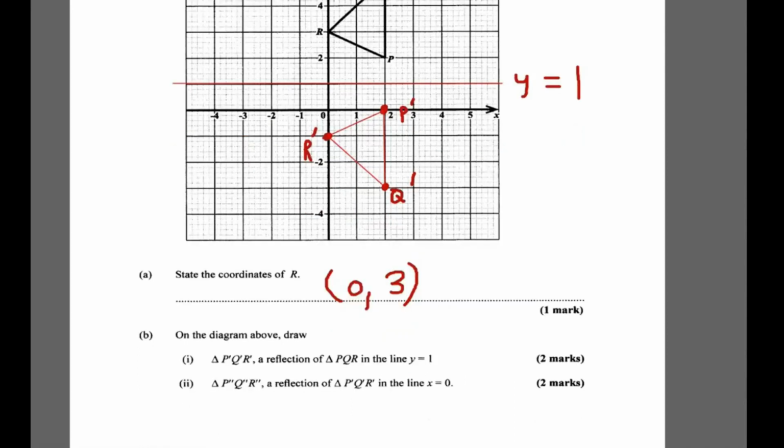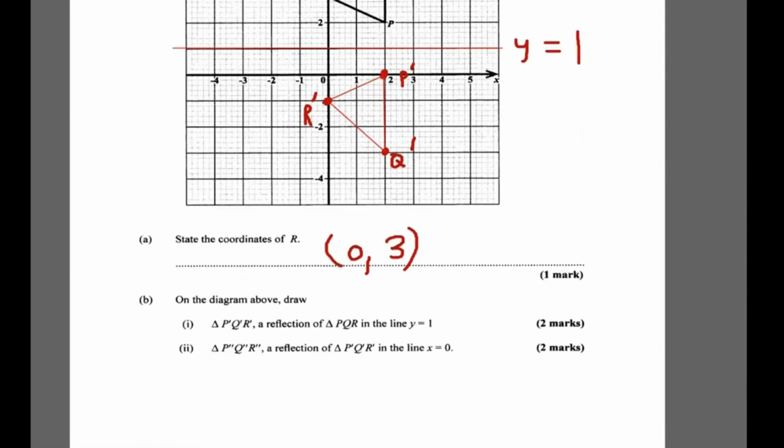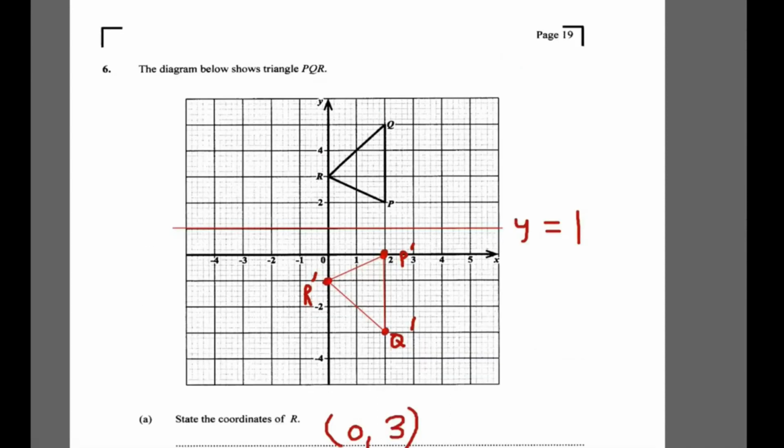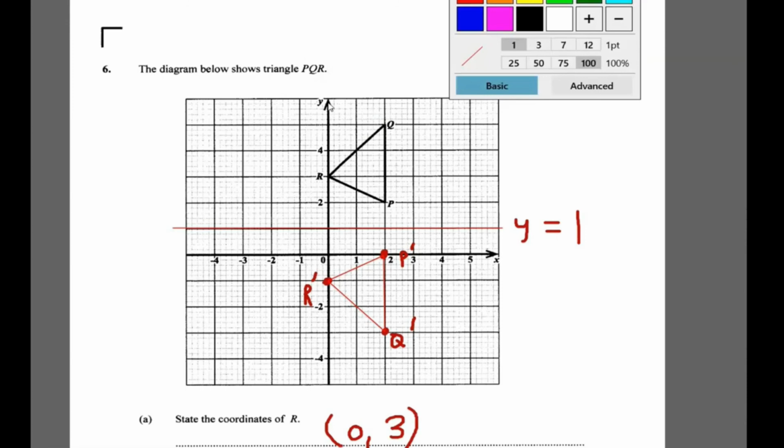They say, draw a triangle P double prime, Q double prime, R double prime, which is a reflection of triangle P prime, Q prime, R prime in the line X equals 0. So the line X equals 0, let's use green.